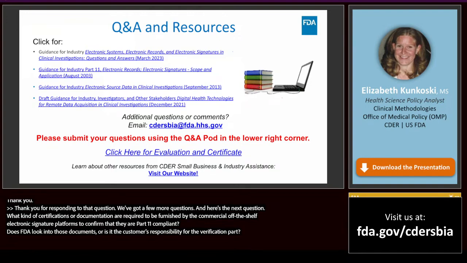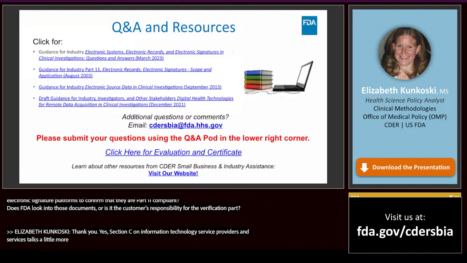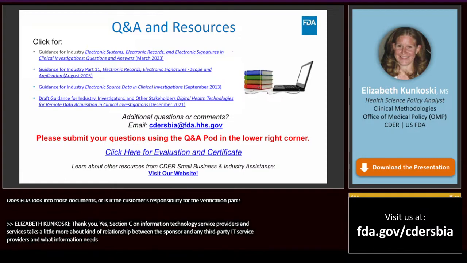Thank you. Yes, Section C of the guidance on information technology service providers and services talks a little more about the relationship between the sponsor and any third-party IT service providers and what information needs to be on file versus provided by the third party.